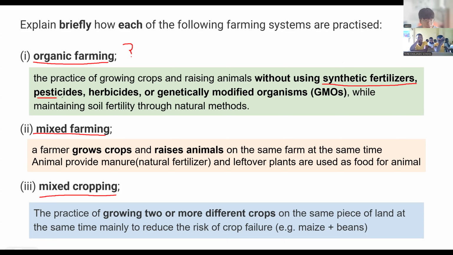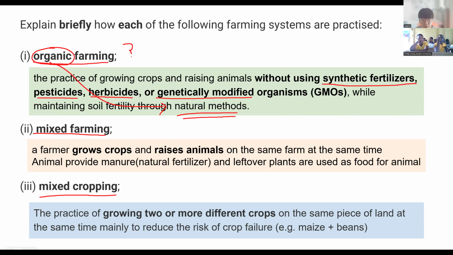And other things like pesticides, herbicides, or genetically modified organisms, while maintaining soil fertility through natural methods. So you can think of the word organic as meaning natural methods. It's not using synthetic fertilizers, herbicides, or genetically modified methods.